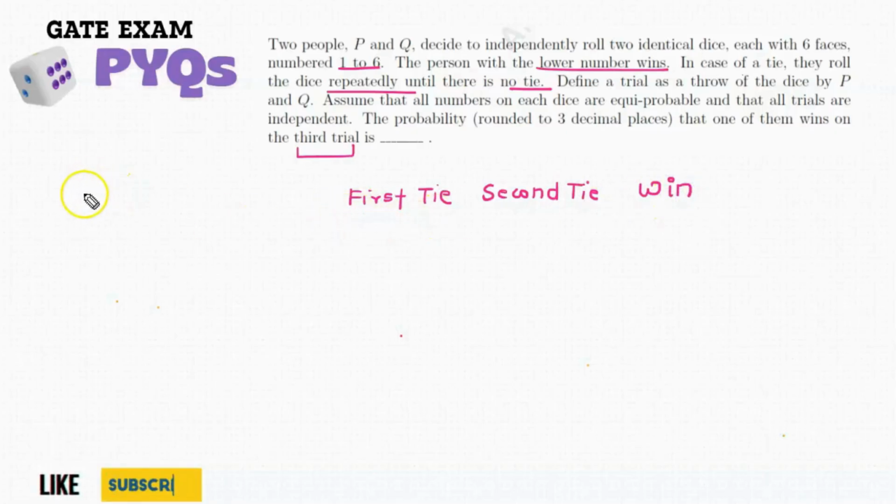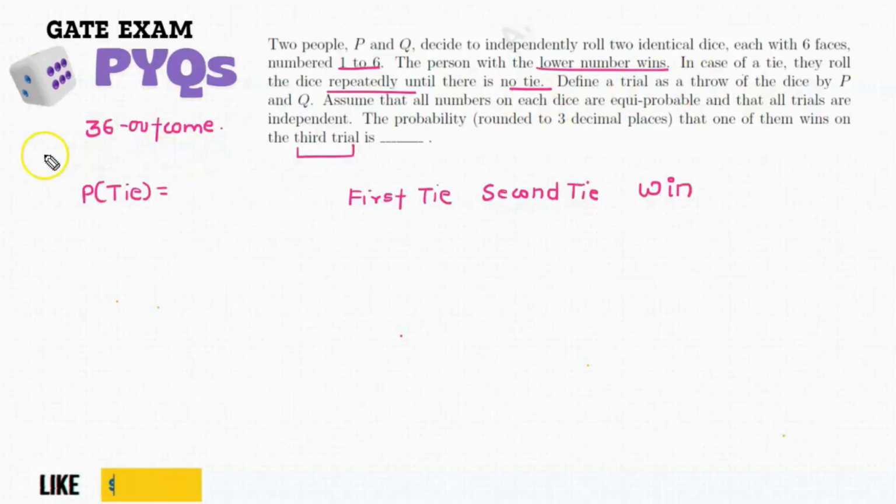So what is the probability that it is a tie? They are rolling two dice, one by P and another by Q. So how many outcomes are we going to have? We will have a total of 36 outcomes.